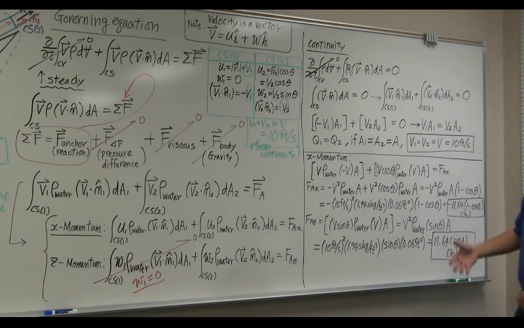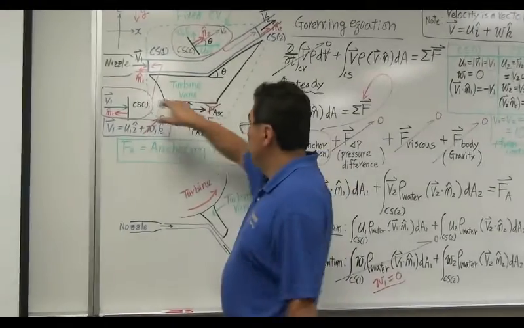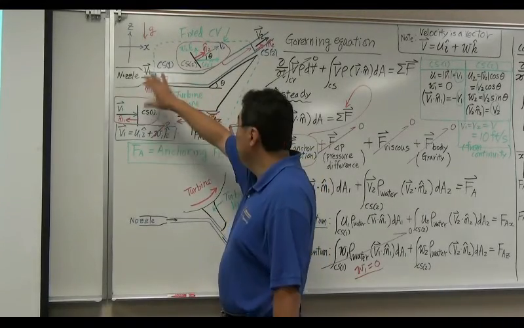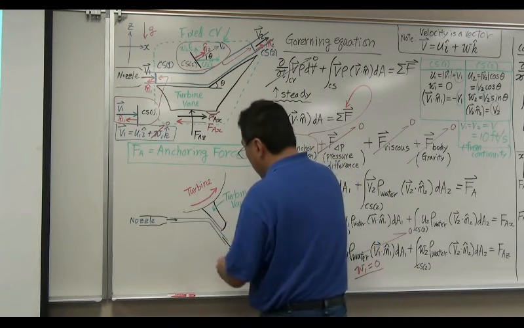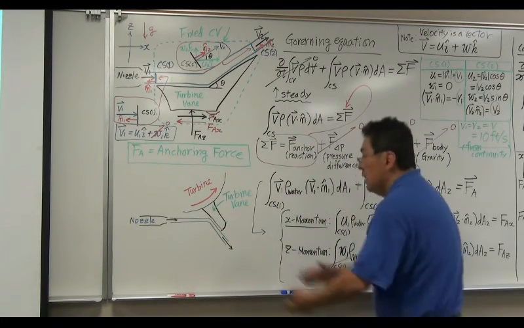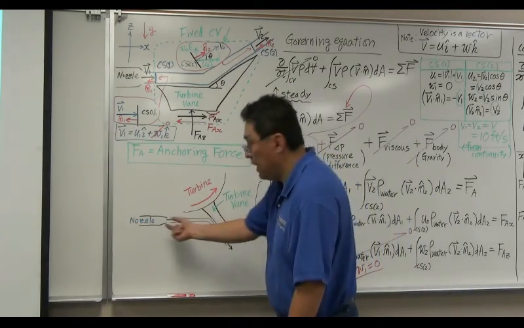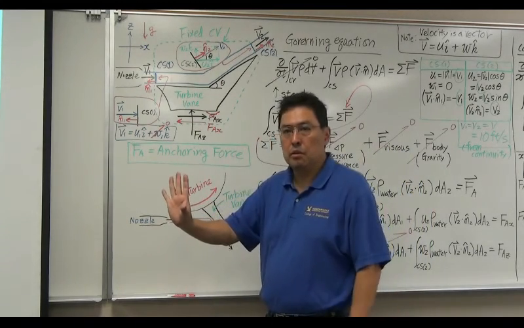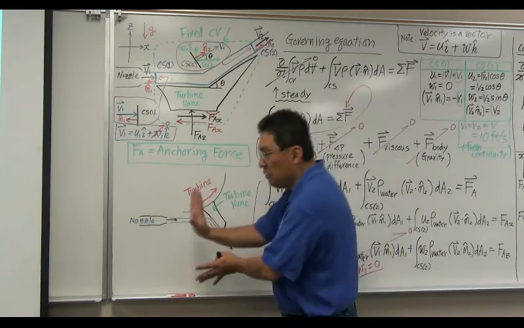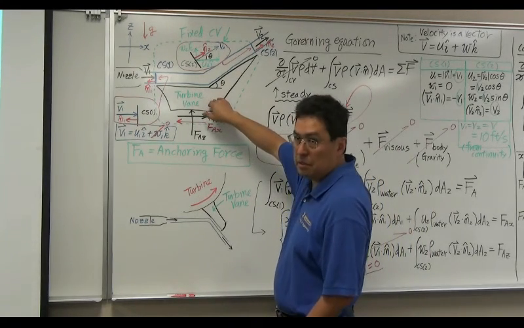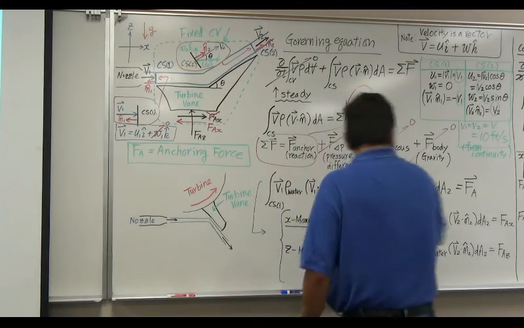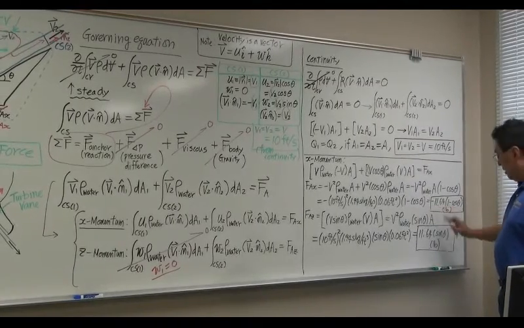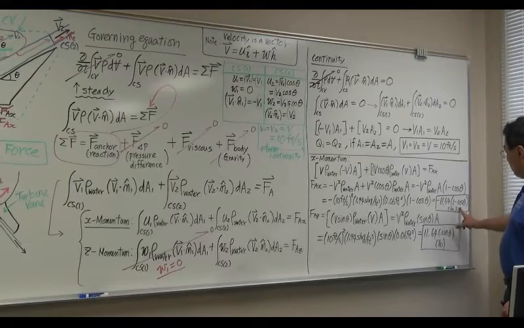So here's the conclusion. If you have a situation like this, a turbine vane under the jet of water incoming that hits the turbine, turns the angle theta, and flows away, with the given cross section and speed of free jet, how much force is developed, which is equal and opposite to how much anchoring force you need to keep this turbine vane in place, in x direction this is the value, in z direction this is the value, both functions of theta.